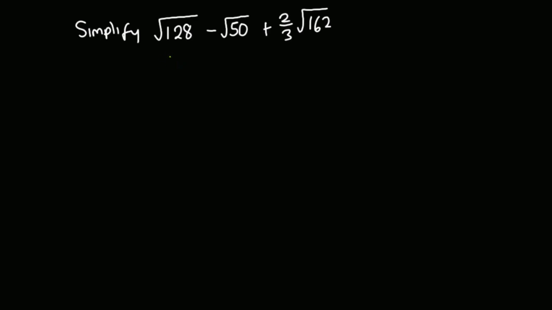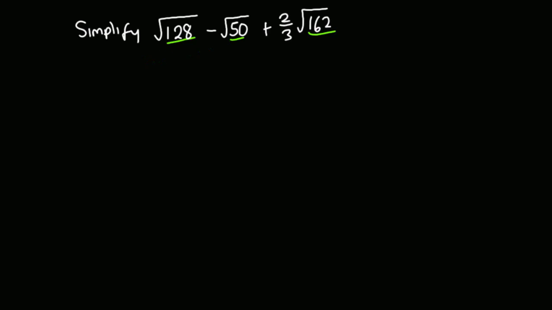Now, to solve this, we are going to reduce these numbers, which are 128, 50, and 162, such that we will obtain a perfect square in each number. In other words, we are reducing these numbers such that each is a multiplication of a prime number and a perfect square.